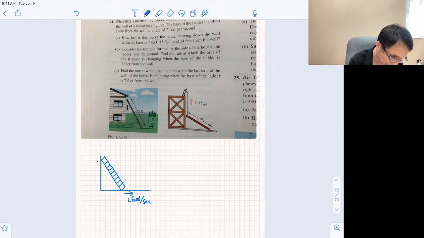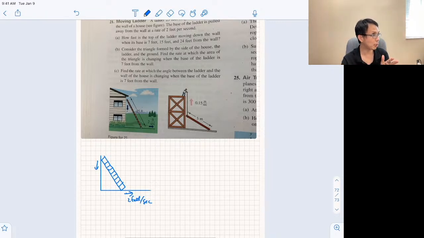Obviously the top is also going down, and we talked about how they don't go at exactly the same speed. If I pull away at 2 feet per second, the top does not go down 2 feet per second, because it really depends on the angle. Does that make sense? Intuitively, the first time you do this problem, you probably feel like if you pull away 2 feet, it should go down 2 feet.